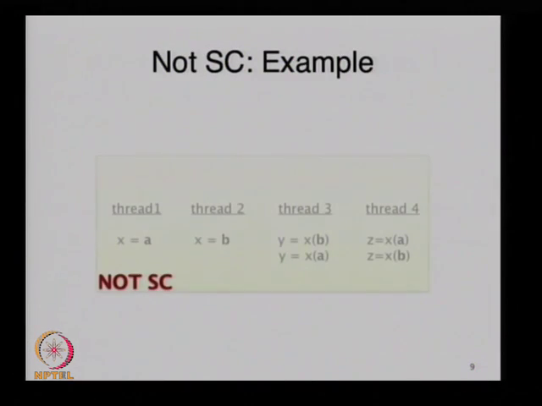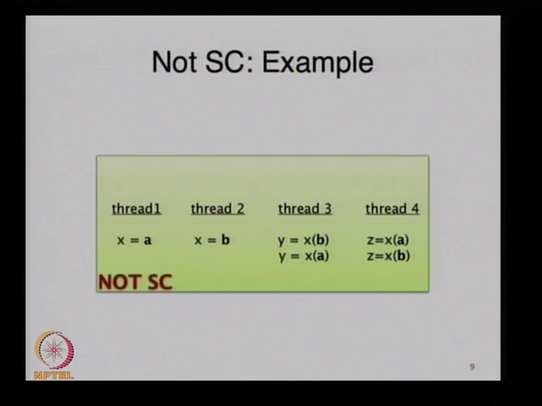Thread 1 wrote the value A into variable X. Thread 2 wrote the variable B into X. Thread 3 is going to read, okay, X twice. And thread 4 is also going to read X twice.